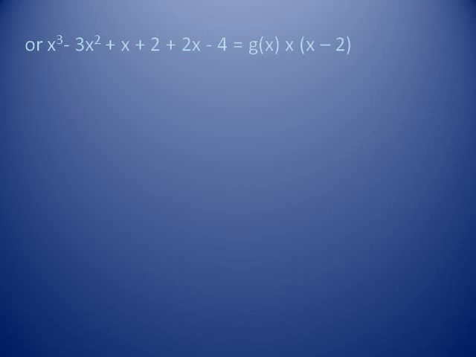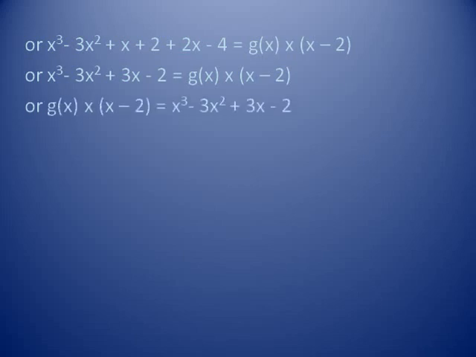We can see that x plus 2x becomes 3x, and plus 2 minus 4 becomes minus 2. These simplifications you already know. Now we have flipped the LHS and RHS, just flipped the sides.